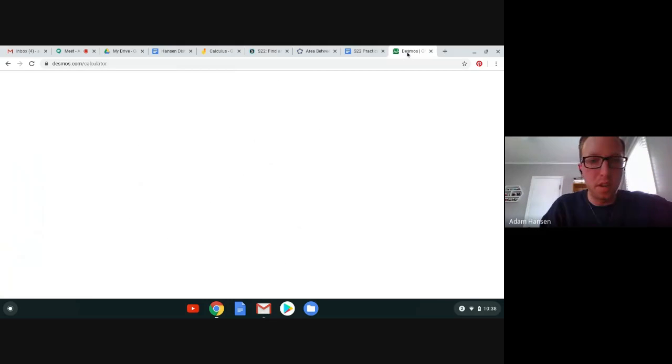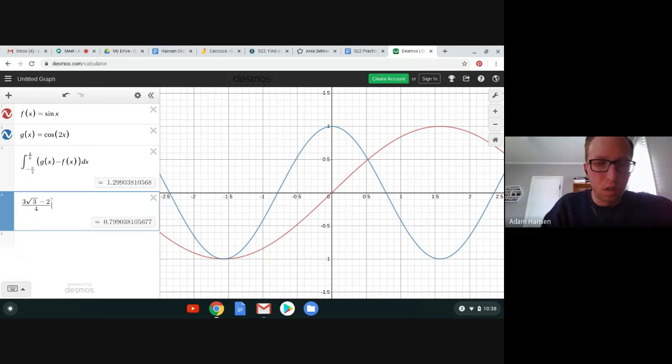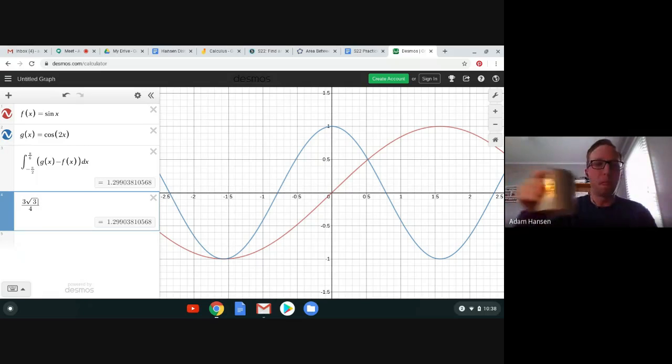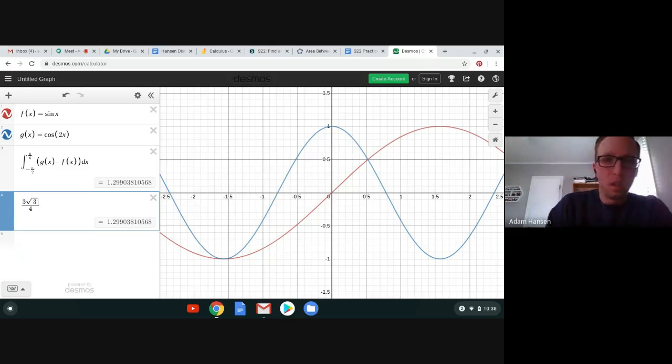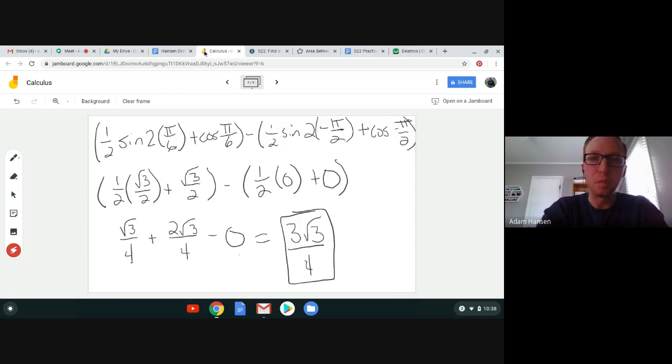When I check that here, 3 root 3 over 4 is the answer. Got myself confused there, but that's why we check our work, I suppose. Initially, I was plugging in 0 rather than negative pi over 2, just because I'm so used to plugging in 0 sometimes.